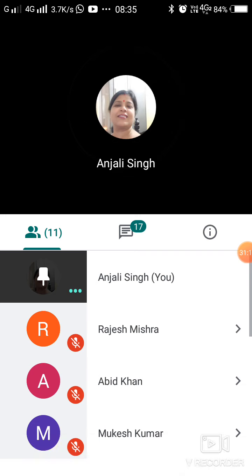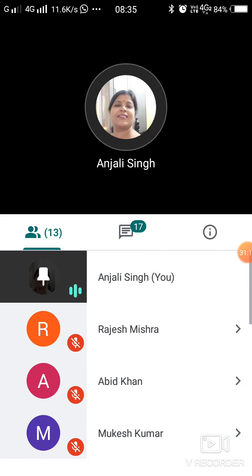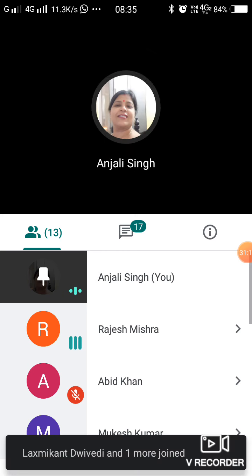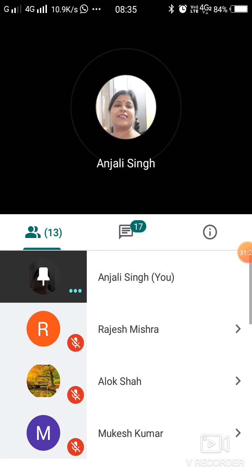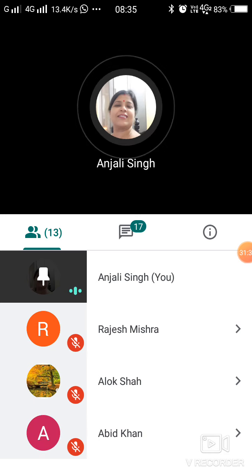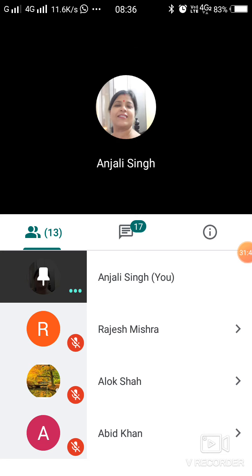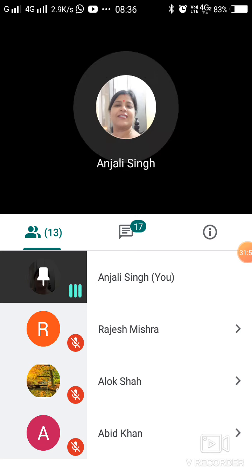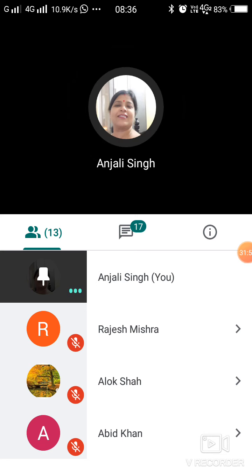Very good. All of you note it down. A reversible change involving change of liquid into gas, and this is known as evaporation.